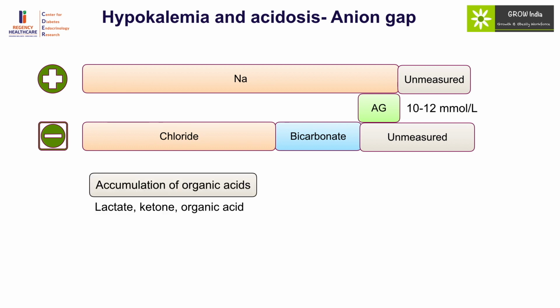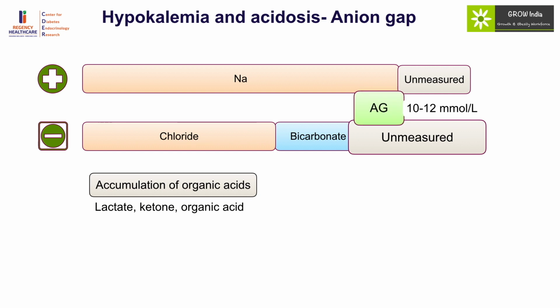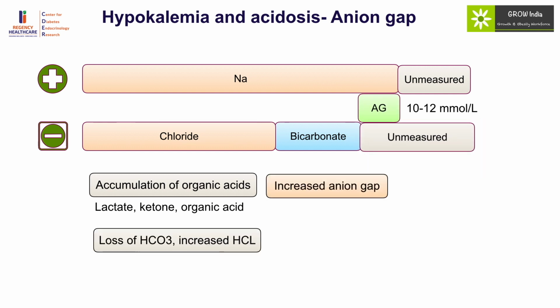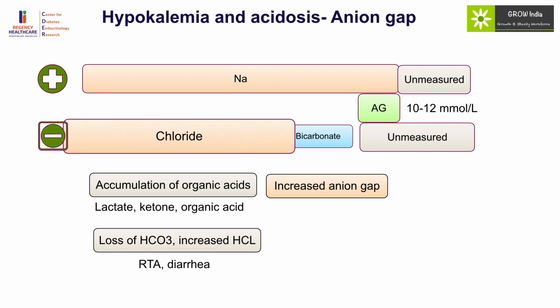Accumulation of organic acids like lactate and ketones causes an increase in unmeasured anions, therefore causing an increased anion gap. While loss of bicarbonate or increase in hydrogen chloride levels in the setting of RTA and diarrhea causes a decrease in bicarbonate, which is compensated by an increase in chloride level.